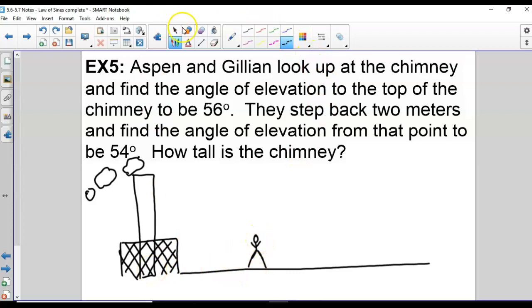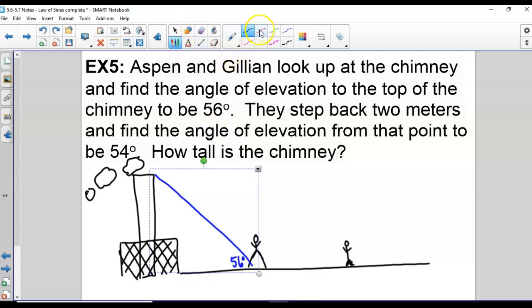They measure the angle of elevation to the chimney to be 56 degrees. And because it doesn't tell us, like whenever we did the problem, we had to know the height of the eye because we did not lay on the ground to take the measurement. Because it doesn't tell us an eye height here, let's just assume they measured from the ground. Assume that information is irrelevant. And then they backed up. Person has really short legs.